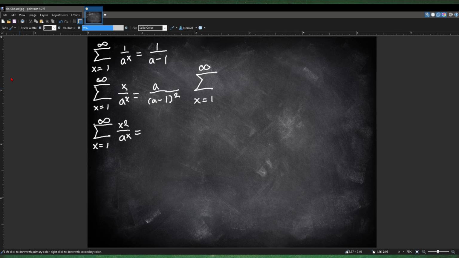So we have a summation of n equals x, how we wrote it from part 1, and then we have 2x minus 1 times 1 over a to the power of n, right?